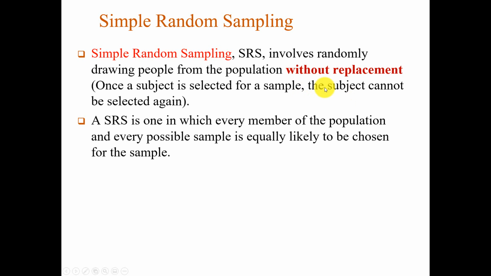What that means is once someone is selected, like in our hat example where we assign numbers to people and put them in a hat, we take them out but we don't put them back, so they can no longer be chosen again. An SRS is one in which every member of the population and every possible sample is equally likely to be chosen for the sample.